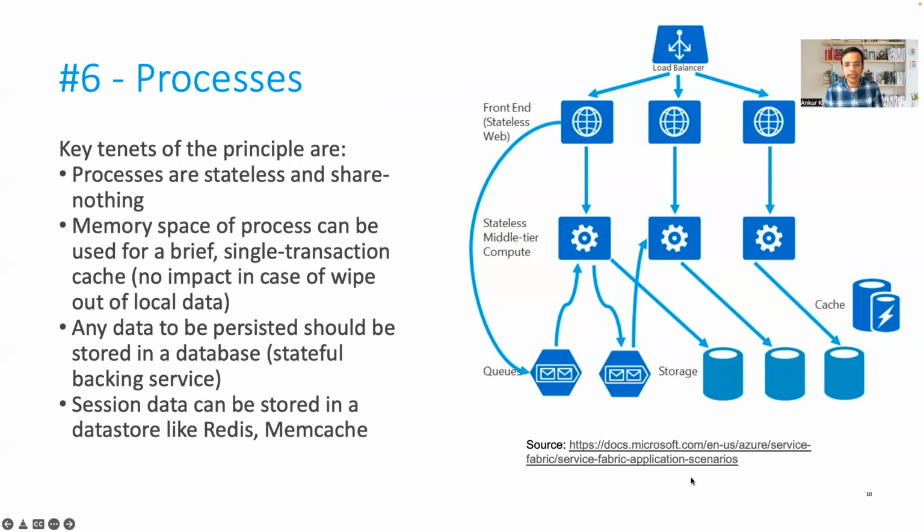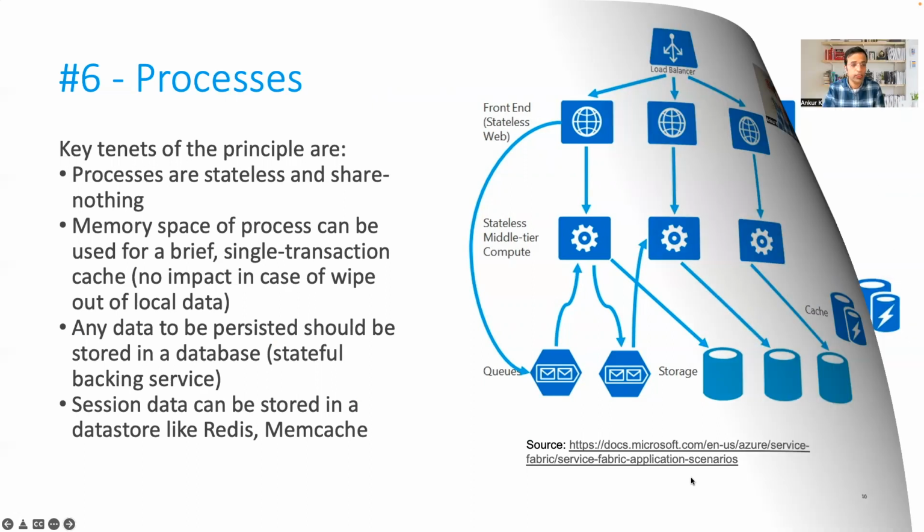But the essence is that each service should be stateless, so that if you create multiple instances of it or multiple parts of it, then you don't need to worry about how you should persist the state. So Kubernetes again enables you to do that, but as an application architect or developer, you need to ensure that the services are stateless. So that's the key principle, and we need to apply it anyway in cloud native architecture.